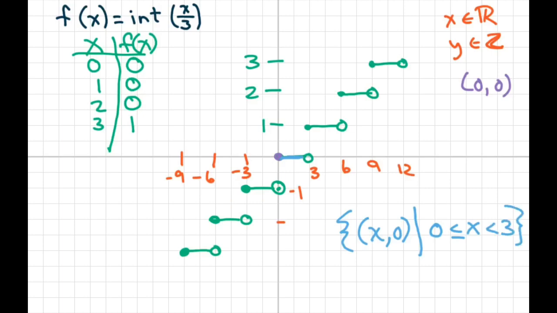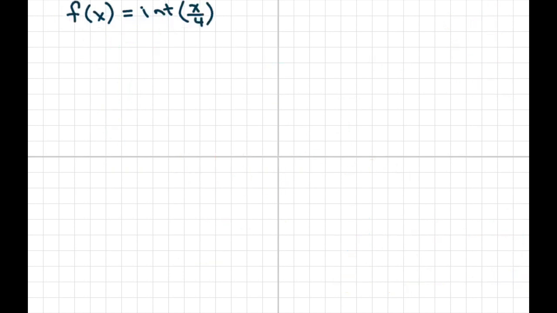But it can't equal 3 here. And the previous one we did, you would write it as x comma 0 such that x is in between 0 and 2. Including 0 but not 2. Alright, and then we have this one. So what would you do for this one?